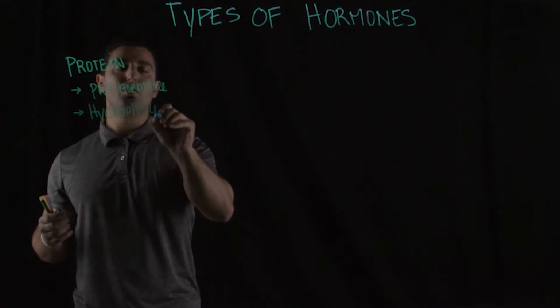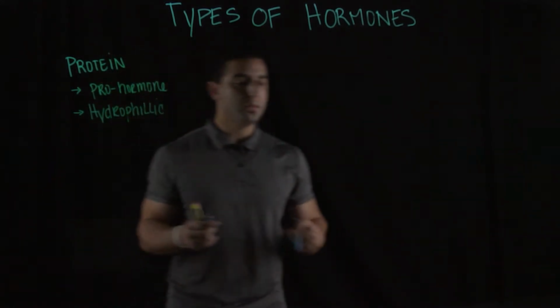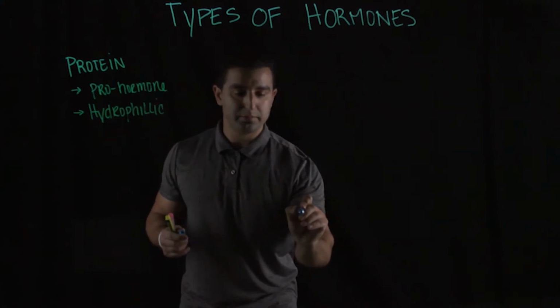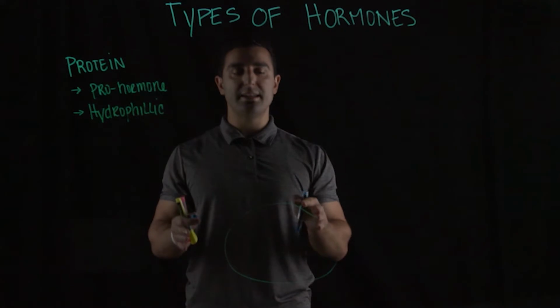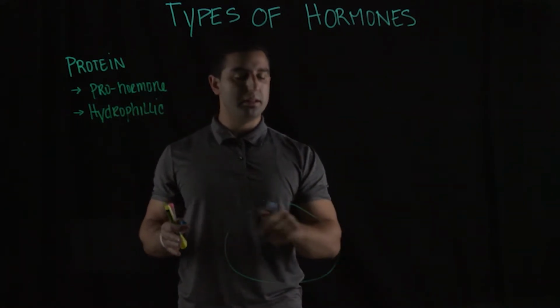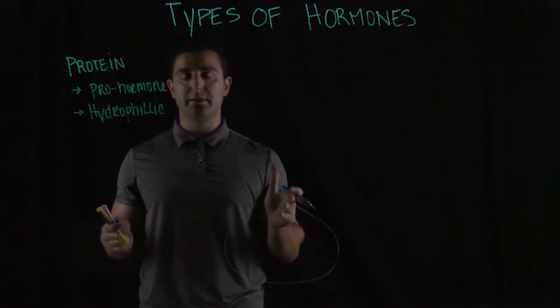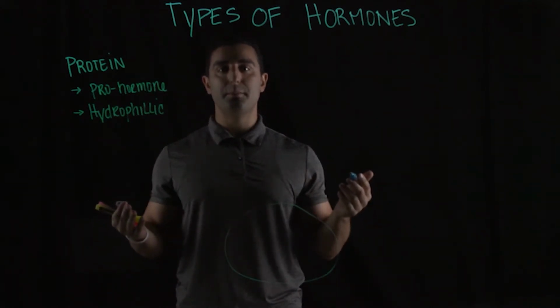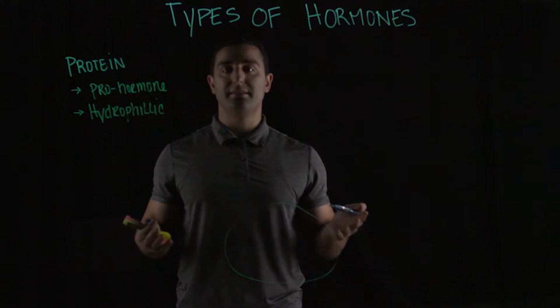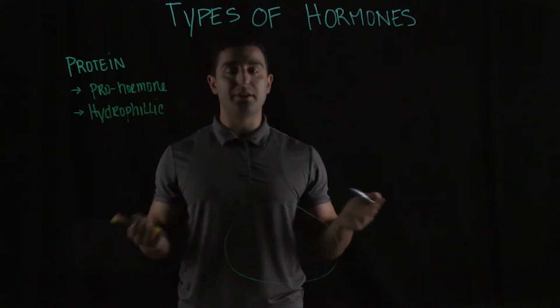This means water-loving. So if we look at a cell at the bottom here, for example, if you remember, the cell has what kind of membrane? It's called the phospholipid bilayer, right? And that is composed of what chemicals? Do you remember? It has fats, right? So the majority of it is a lot of fats.